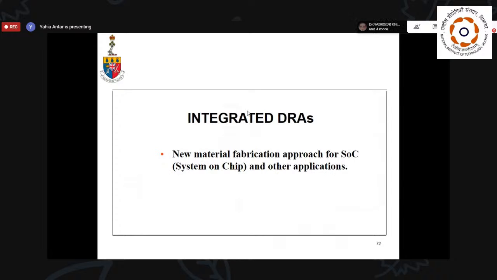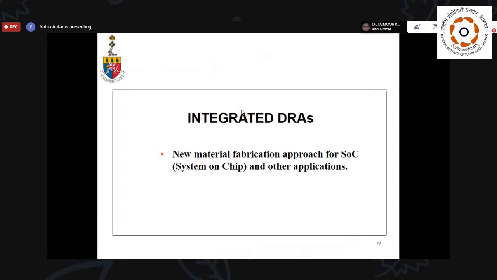And now I'll just hint about some work that we did, and this is about integrated DRA. The work started at Queen's University, and we're basically using DRA to integrate it for system on chip and so on.